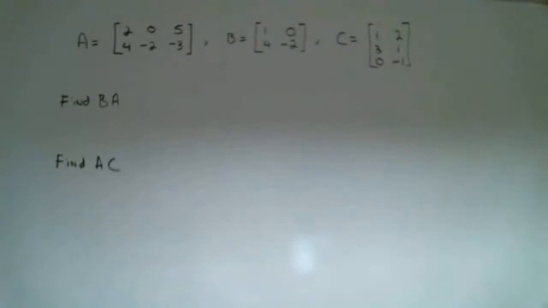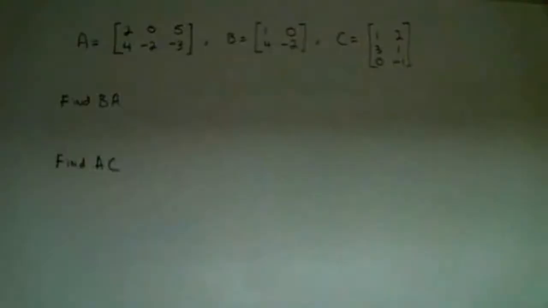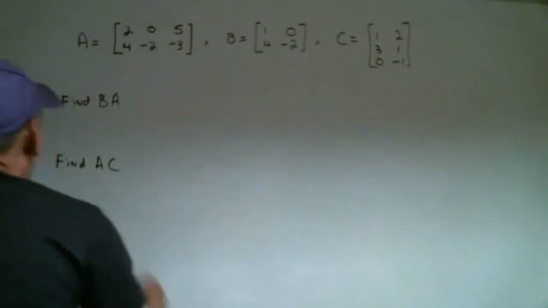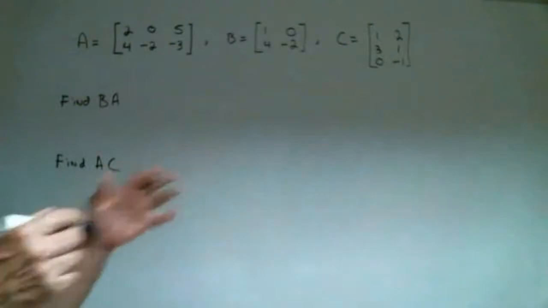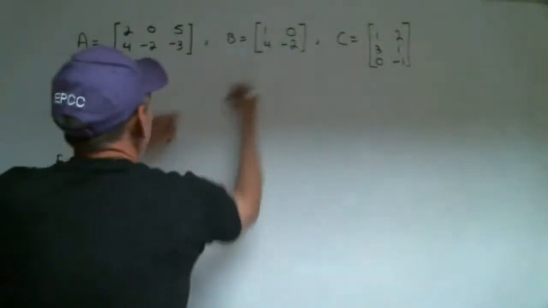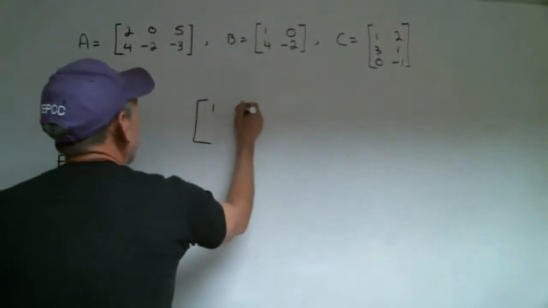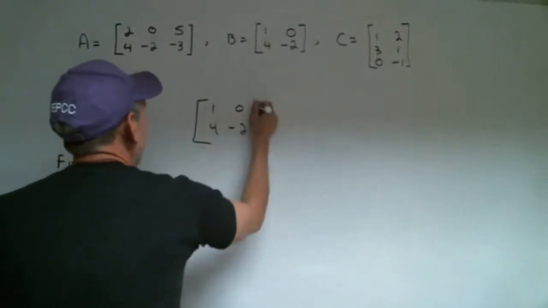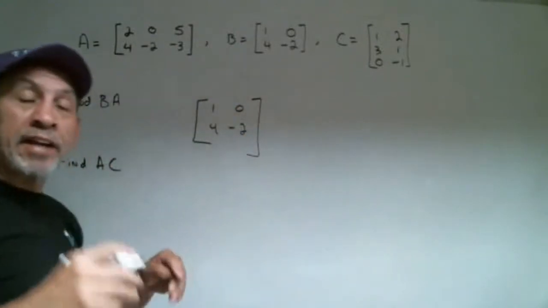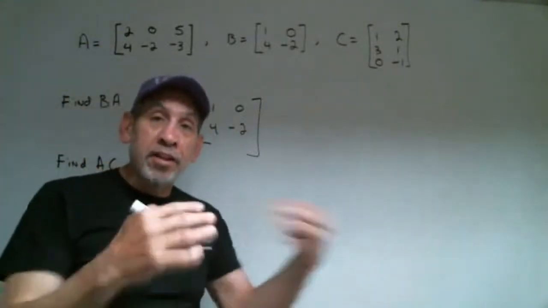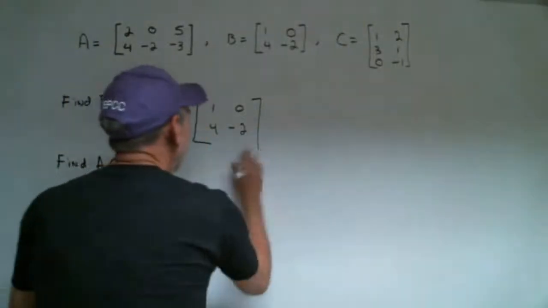Okay, check this out, guys. This is my method of multiplying. I think we were multiplying B times A. This is a method that I came up with. I'm going to put my B, which is 1, 0, 4, negative 2. And this cannot be done in pen because you're going to be erasing; you cannot use pen here, guys.